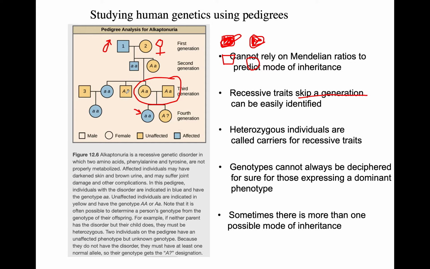Sometimes there's more than one possible mode of inheritance, and that's because, again, of not having enough data. So the best way to deal with problems that involve pedigrees is to go with the process of elimination.